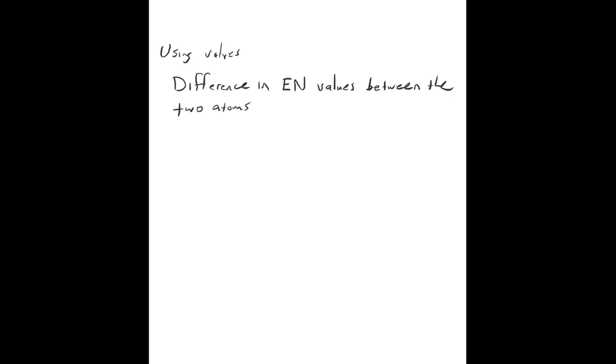And then if this difference is greater than, I'm going to use the greater sign, 0.4, the bond is polar. Okay, so if you get a difference of greater than 0.4, I'm sorry, I'm going to put greater than or equal to 0.4.